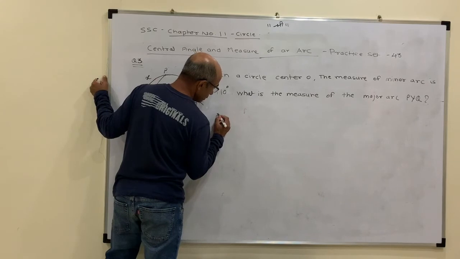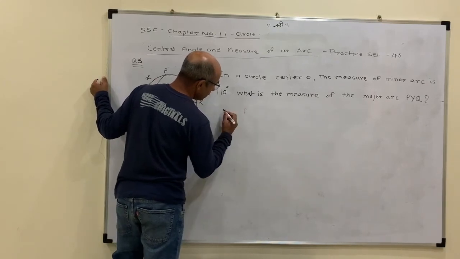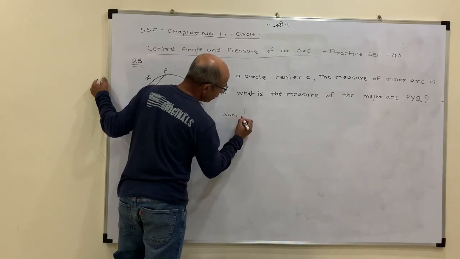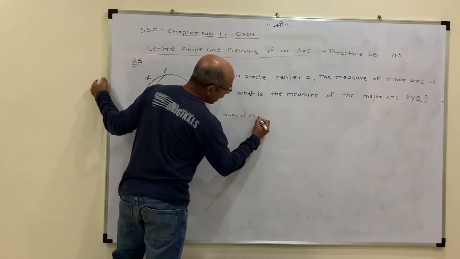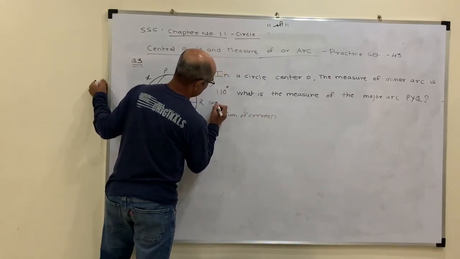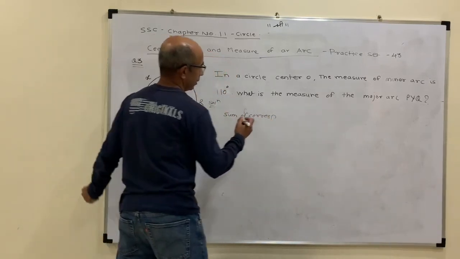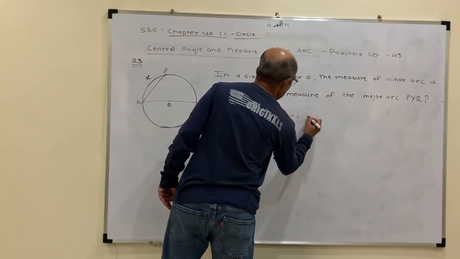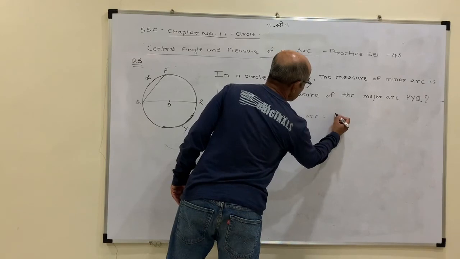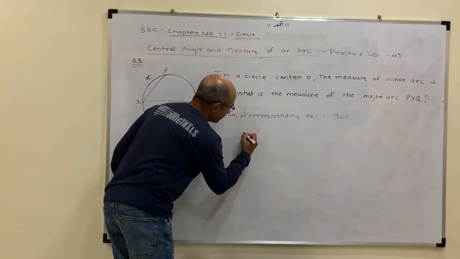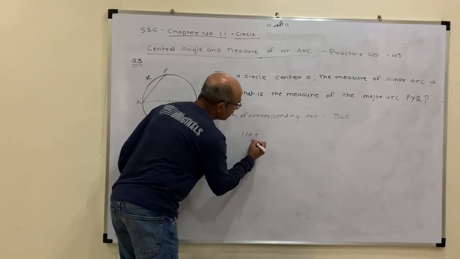So the sum of corresponding arcs equals 360. They have given 110.